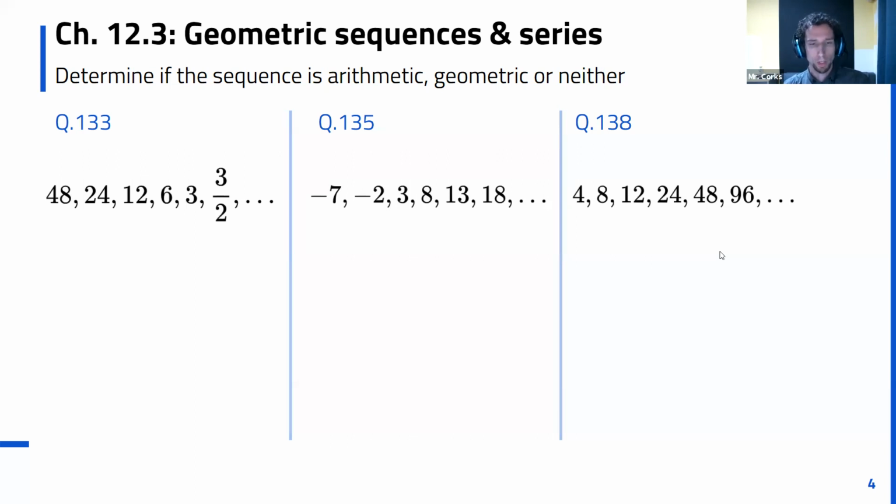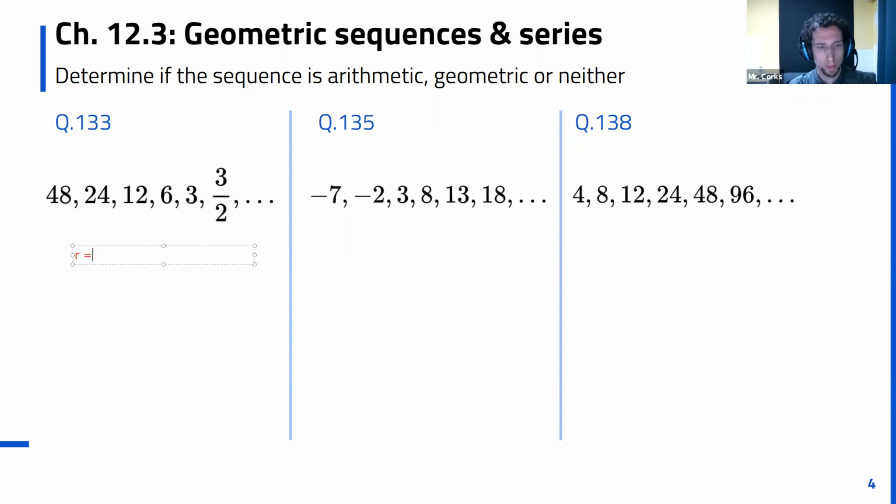All right, so the first one on the left here, what kind of sequence or series does it look like we have? Geometric. Geometric, and why are you saying that? What do you notice? Each number is multiplied by 1/2. Okay, 1/2, that's the common ratio we can see there.